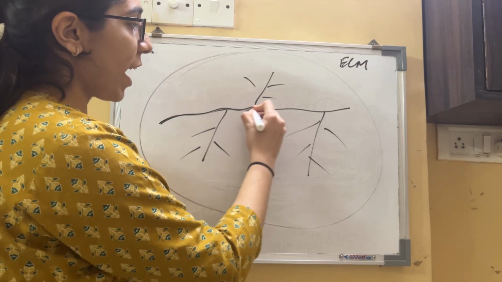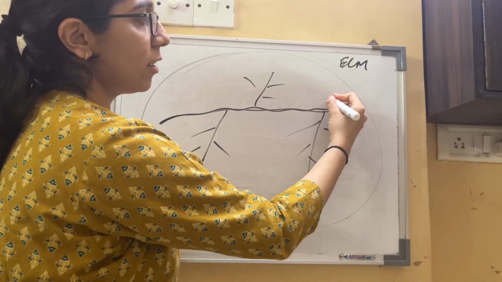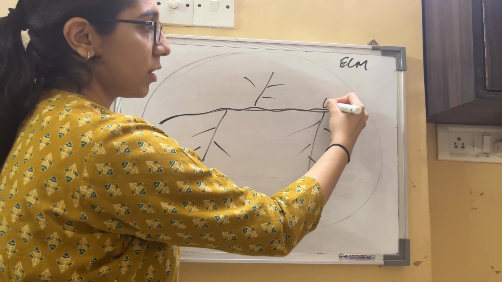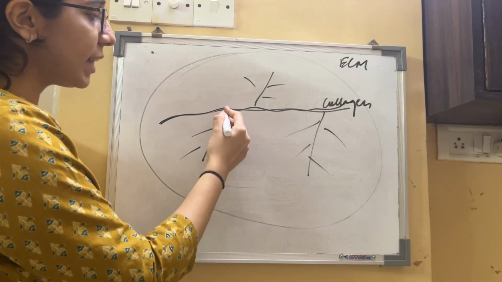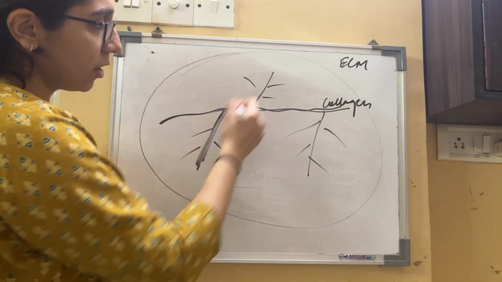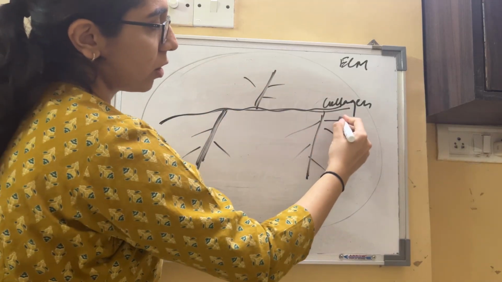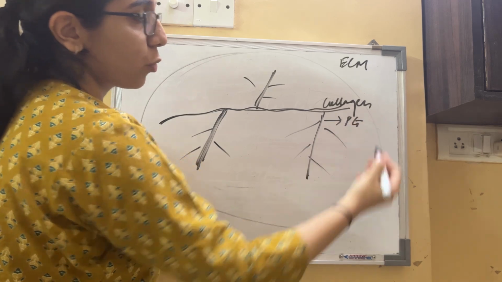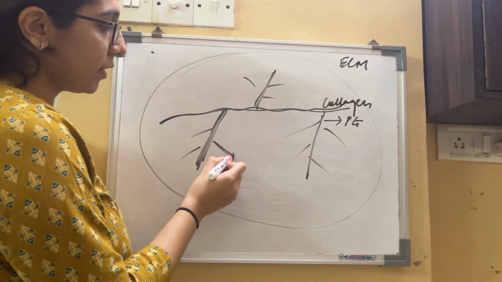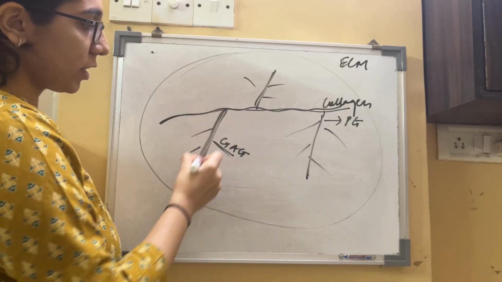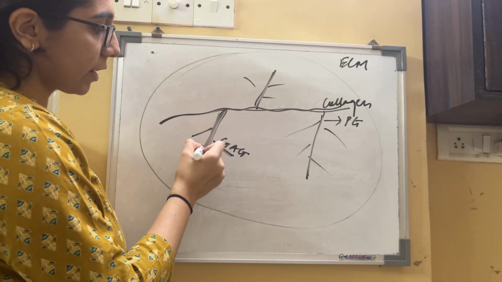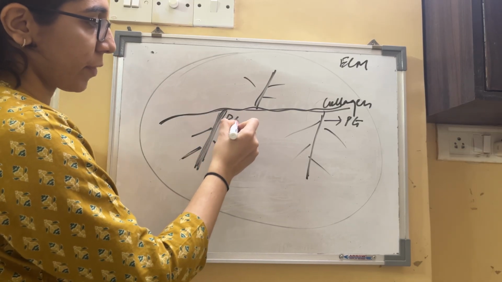So this strand that you can see is the fibrous part. This is the protein part, collagen. Then these long strands that you can see, these are the proteoglycans, and these are glycosaminoglycans.